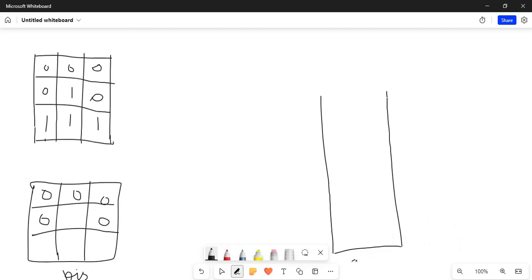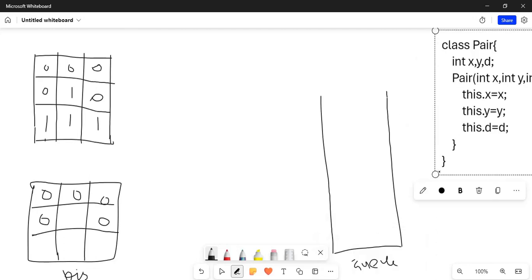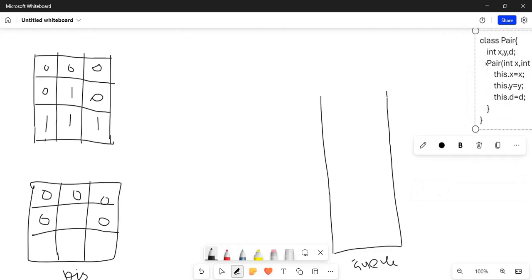This is the queue. In the queue, make one pair class.